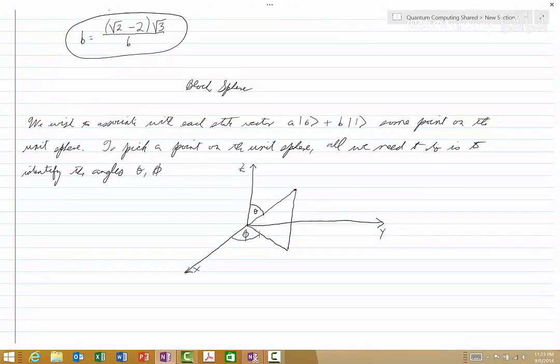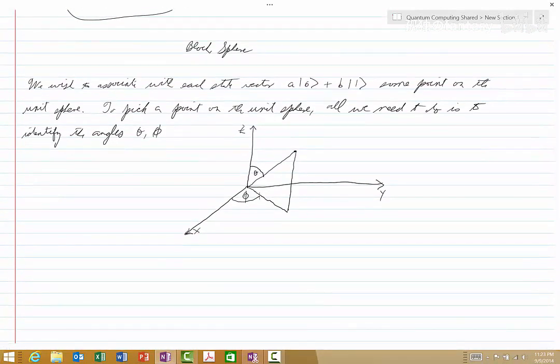And so let's see how we're going to make this association. I want to be consistent with the notation that's in your book here.